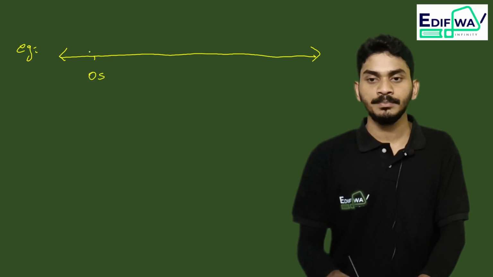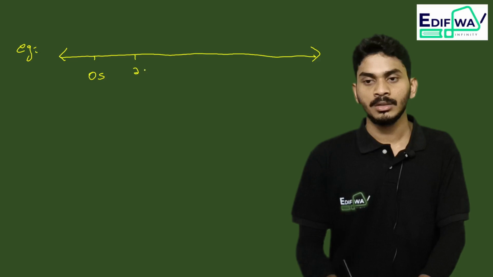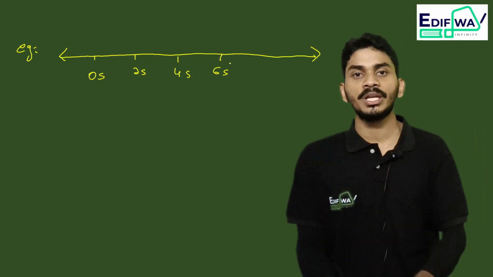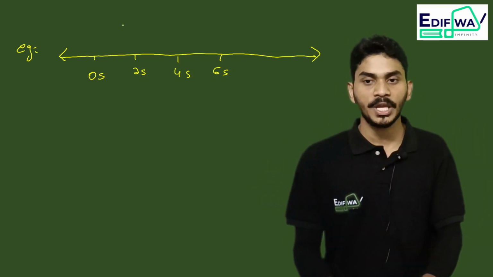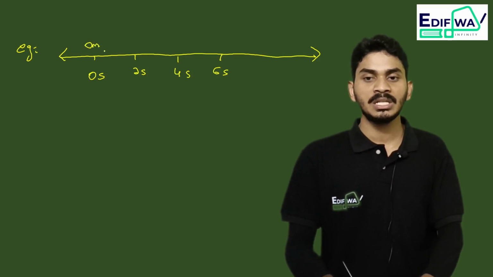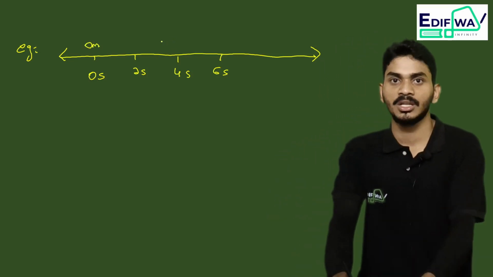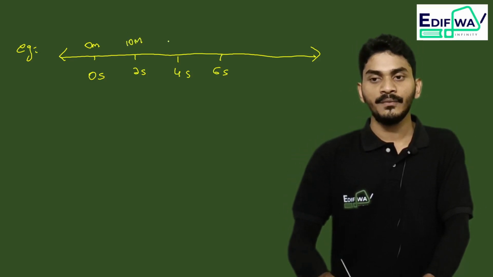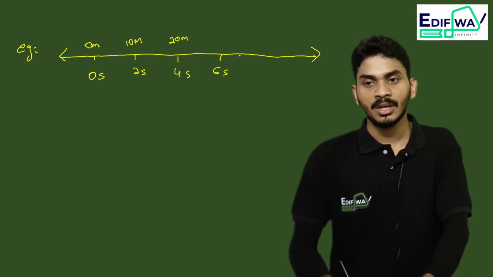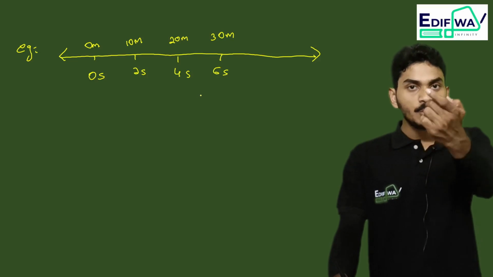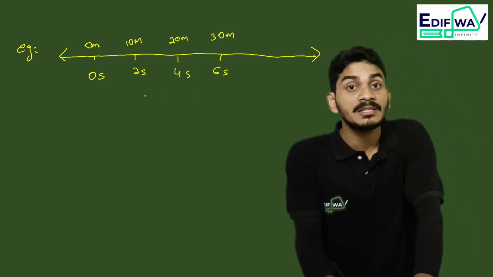Here we plot the time: 0 second, 2 second, 4 second, 6 second, and so on, an equal interval, a 2 second gap. The distance covered by the body in 0 second is 0 meter, as the body has not started the motion. In 2 second it is 10 meter, in 4 second it is 20 meter, and in 6 second it is 30 meter.